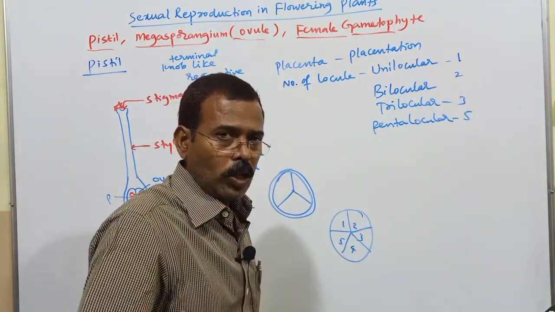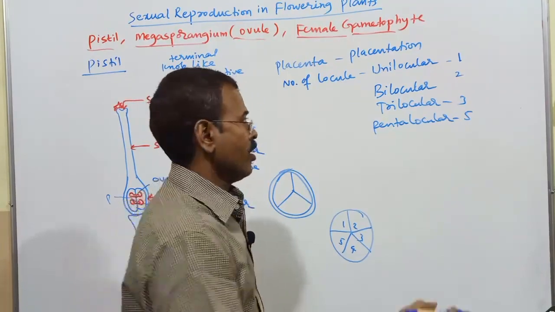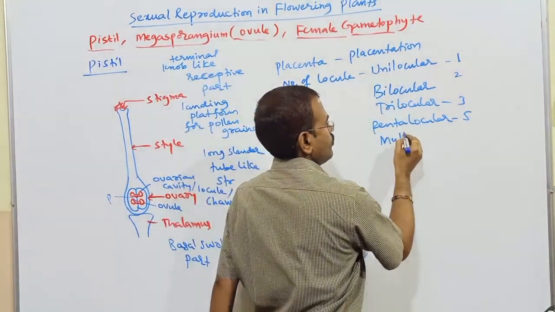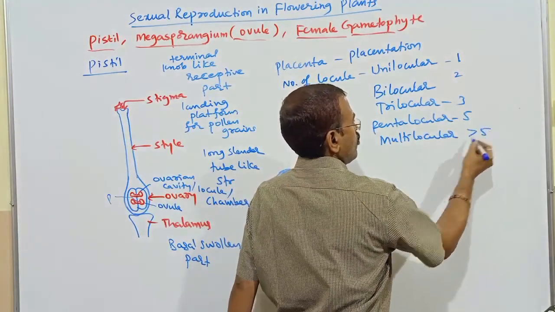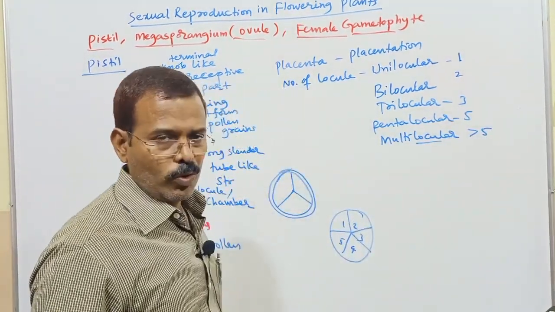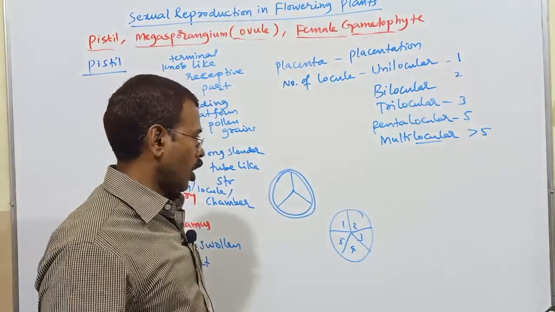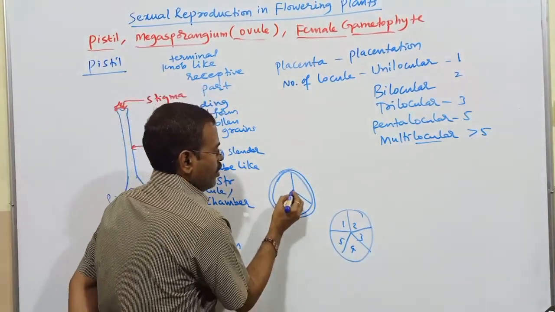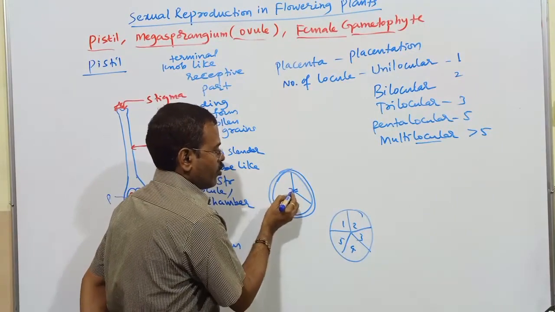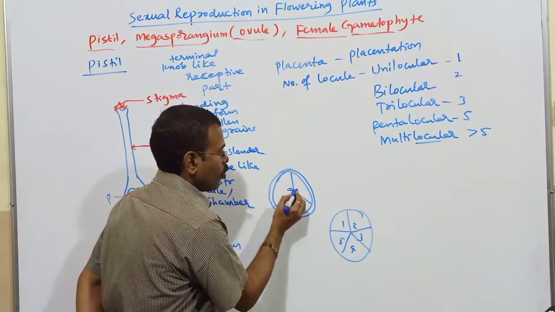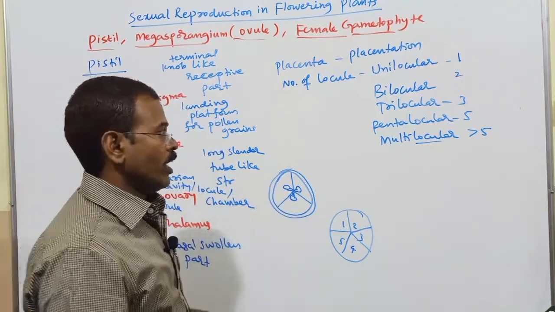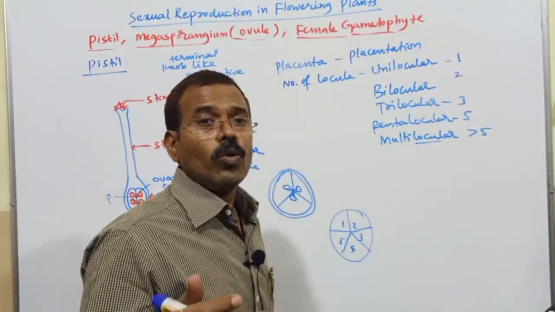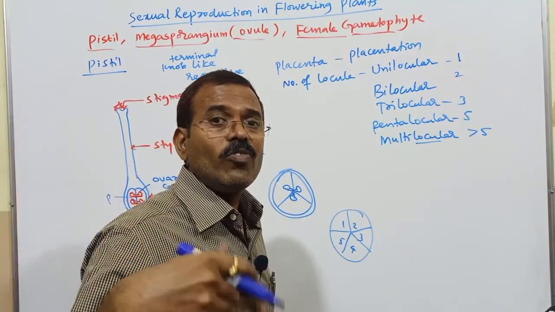When there are more than 5 locules, chambers or ovarian cavities, then it is multilocular. Inside that, this is the placenta which holds the ovule, like this.